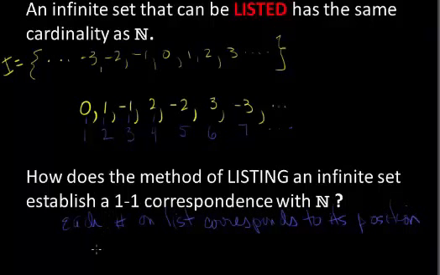In other words, said in a more mathematical way, we could say the nth number on the list corresponds to the number n. Each number on the list corresponds to its position, and that is a one-to-one correspondence, as long as no number appears twice on the list.